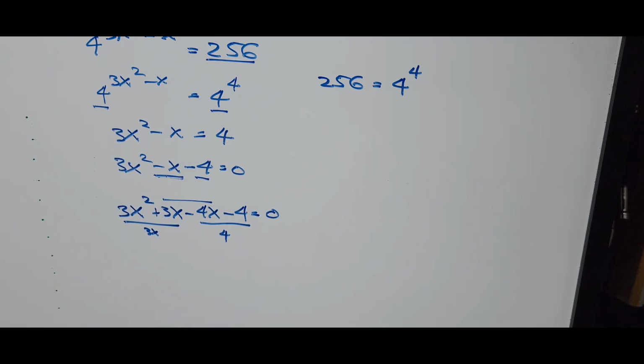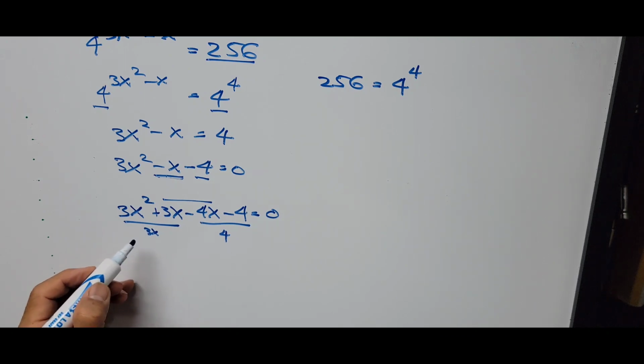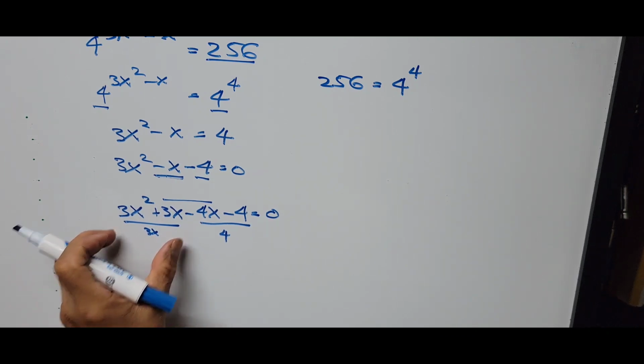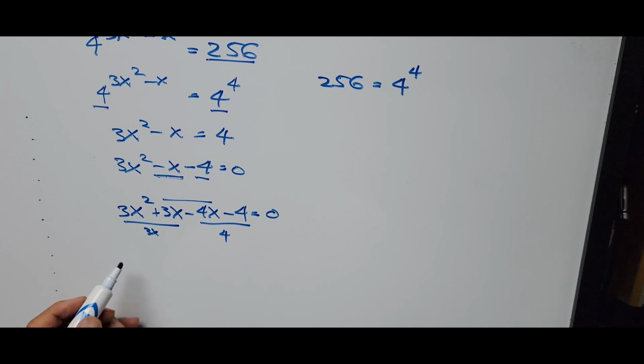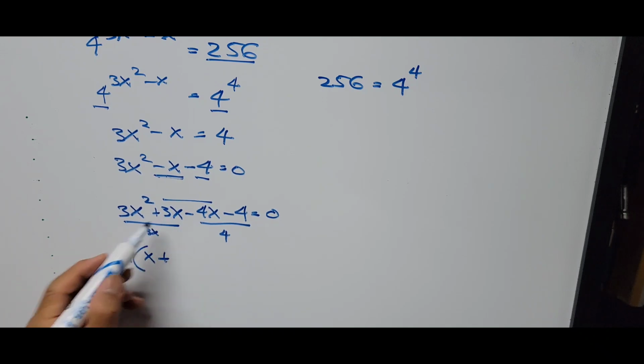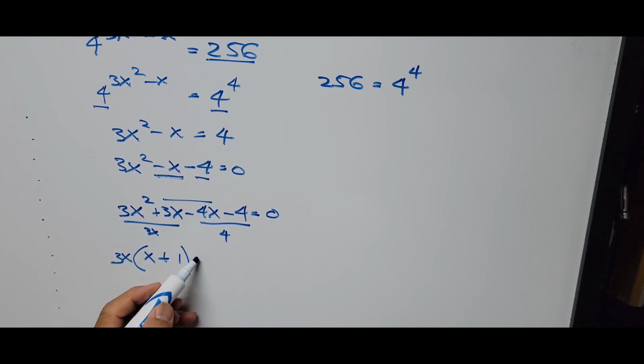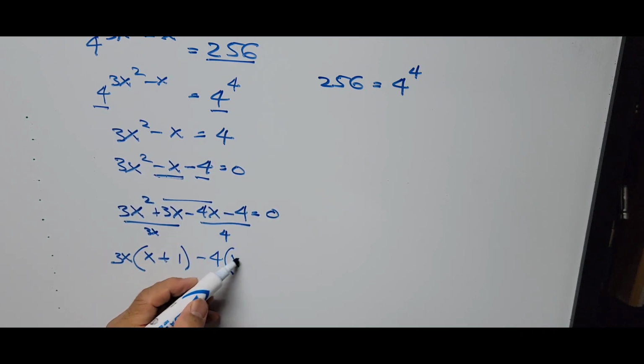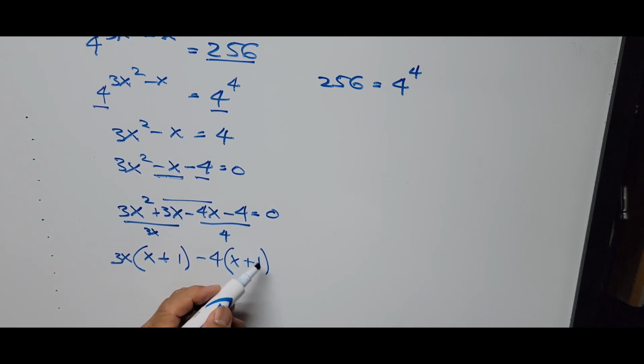Factoring out 3x gives 3x times x plus 1, then minus, factoring out 4, 4 times x plus 1, equals 0.